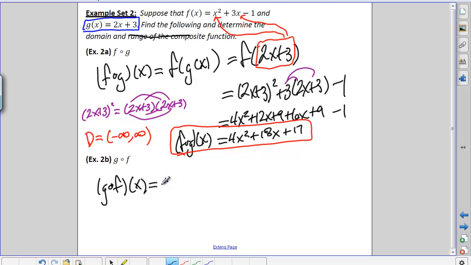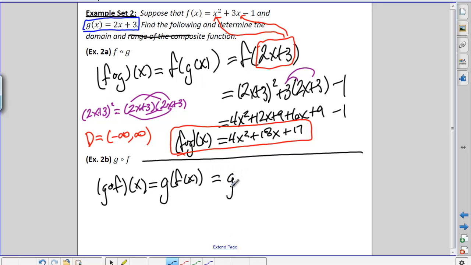So reversing these now, the g is on the outside and the x is on the inside. I'm sorry, the f is on the inside. So this is g of, now f of x is x squared plus 3x minus 1.